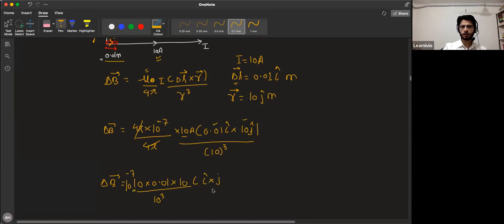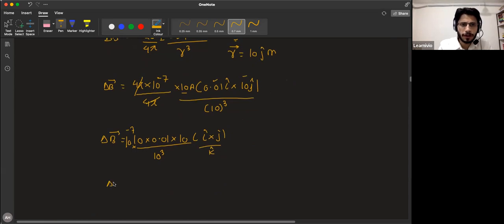Akshay, how much is I cross j? Yes, how much is I cross j? We did this thing earlier. We have revised cross product. I into j sin theta or k. K cap, I cross j is k. So instead of I cross j, you can write k.